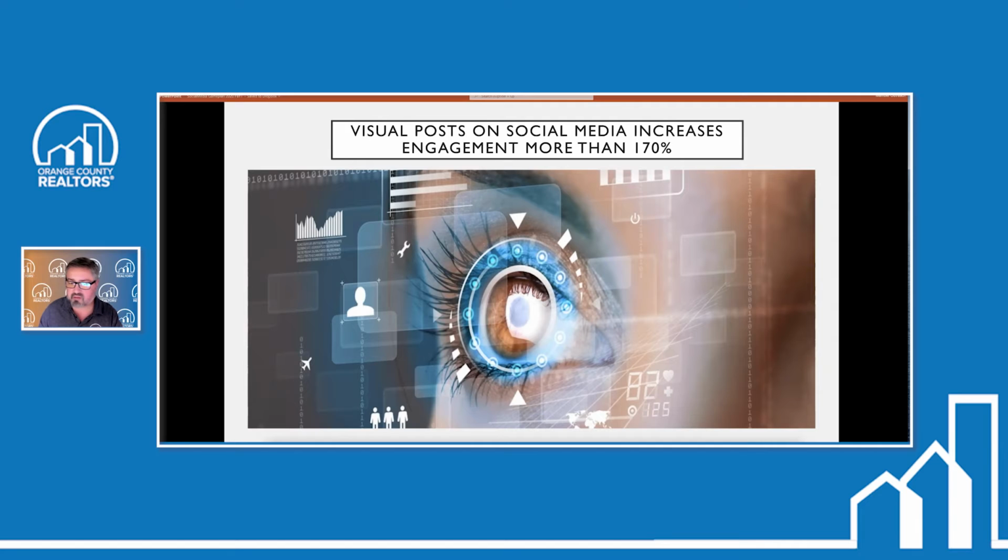So if you're not posting photos or videos, you're losing out on 170% more engagement. So come up with those types of little tidbits of information to engage. You don't have to be wordy. You don't have to explain a lot. You just put it up there and you just state a fact, or you ask them for opinions.